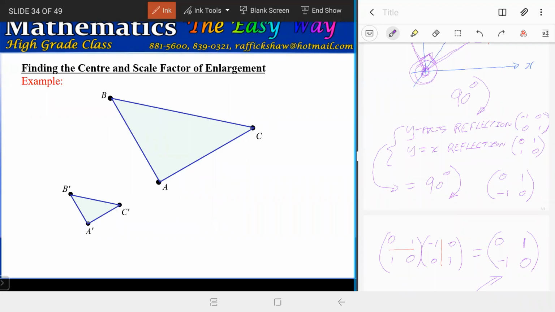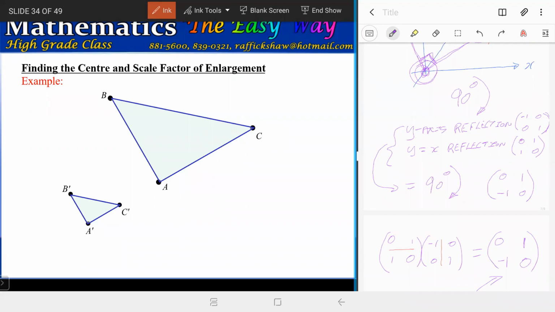Know the matrices, know some of the combinations that I'm going to tell you. Know that with a negative scale factor, they'll point in opposite directions. Know that if the scale factor is positive, they'll point in the same direction. Know that if the scale factor is a fraction, the thing gets smaller. Know that if the scale factor is a whole number, the thing gets larger. Know that the scale factor also affects the distance from the center of the enlargement.